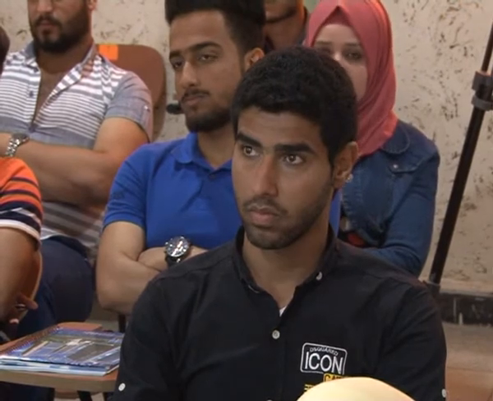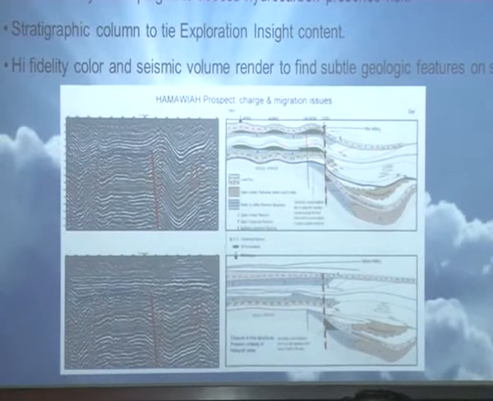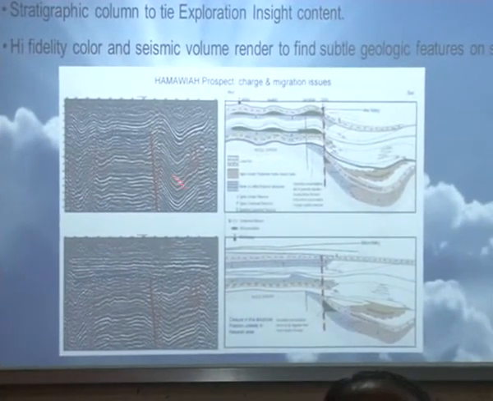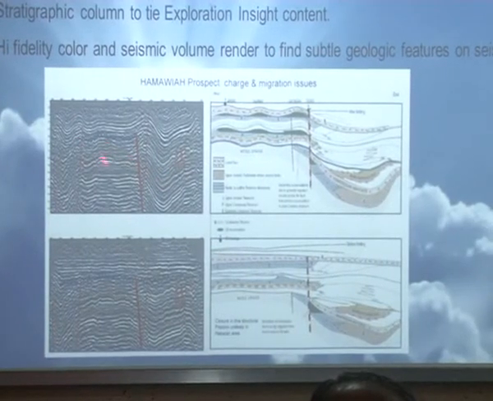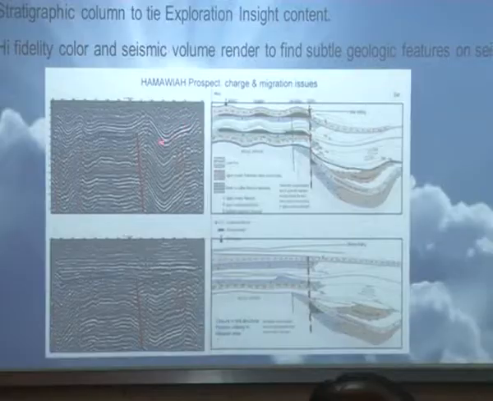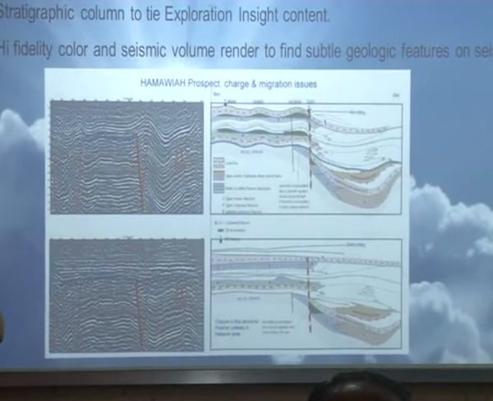Also showing is the petroleum system applied to assess hydrocarbon presence risk, and we are taking high fidelity color, as you see, yellow and red. This defines the high fidelity color and seismic volume render to find subtle geological features on seismic.